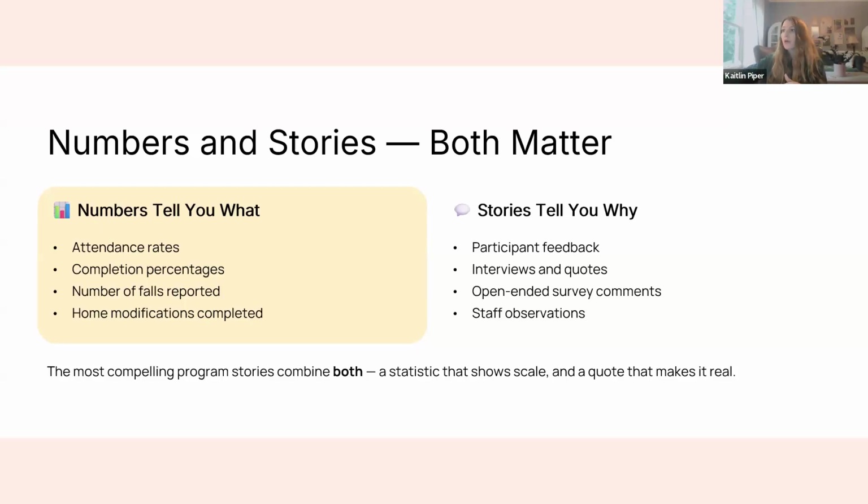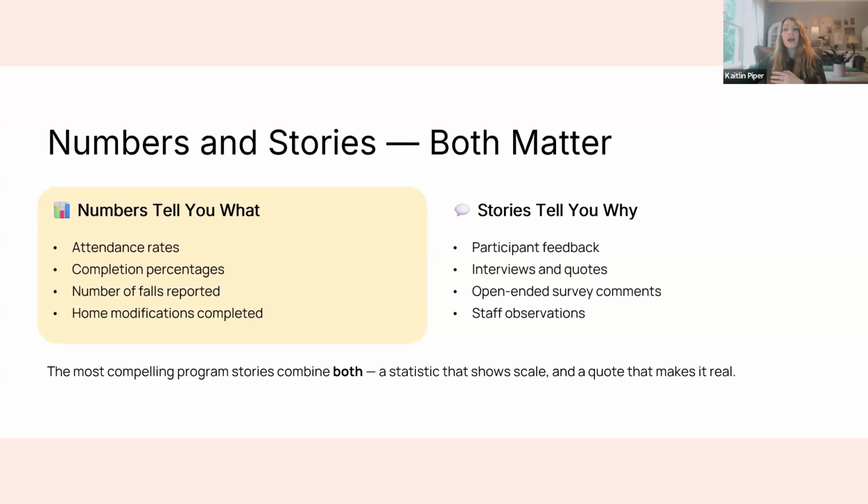And that's really where the qualitative data can come in and help. And so things like participant feedback, interviews, comments, observation can help us understand the why something happened. Like our attendance records might tell us that 60% of participants completed the program, but that doesn't tell us why the 40% didn't finish.